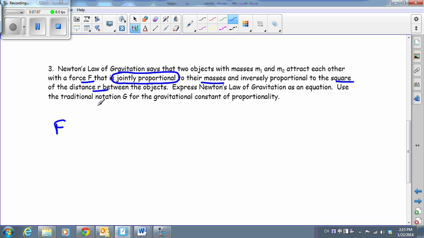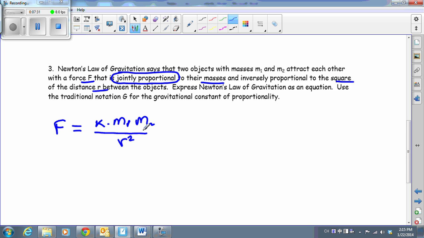So I know that F is jointly proportional, so I start with a K times m1 m2, but inversely proportional to the square of the distance, so R squared on the bottom. Jointly on top, inversely on the bottom.